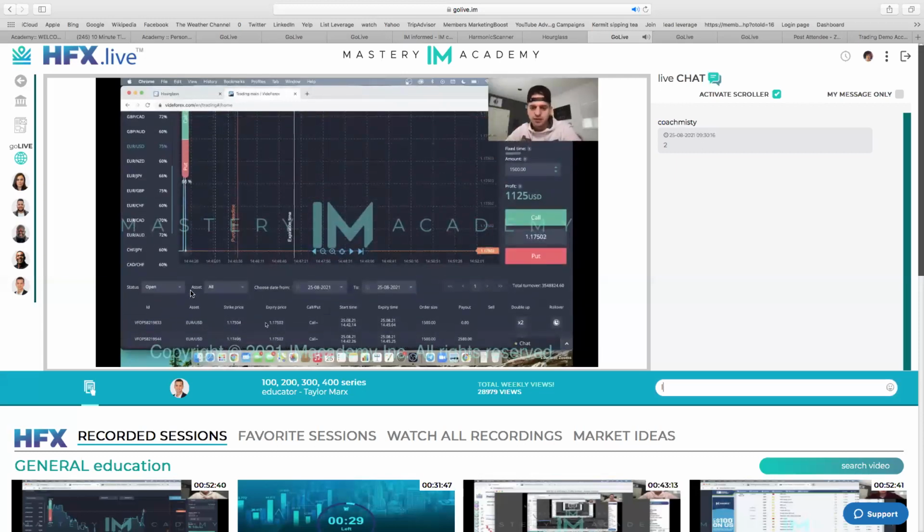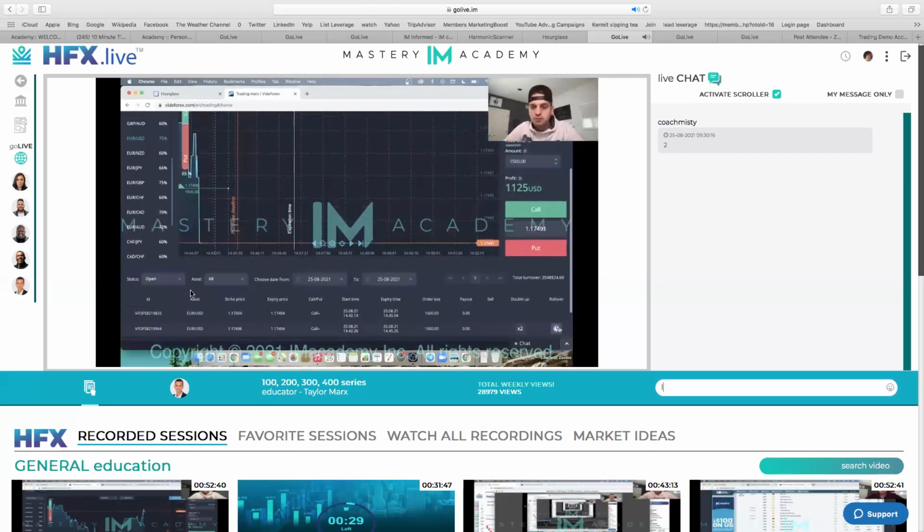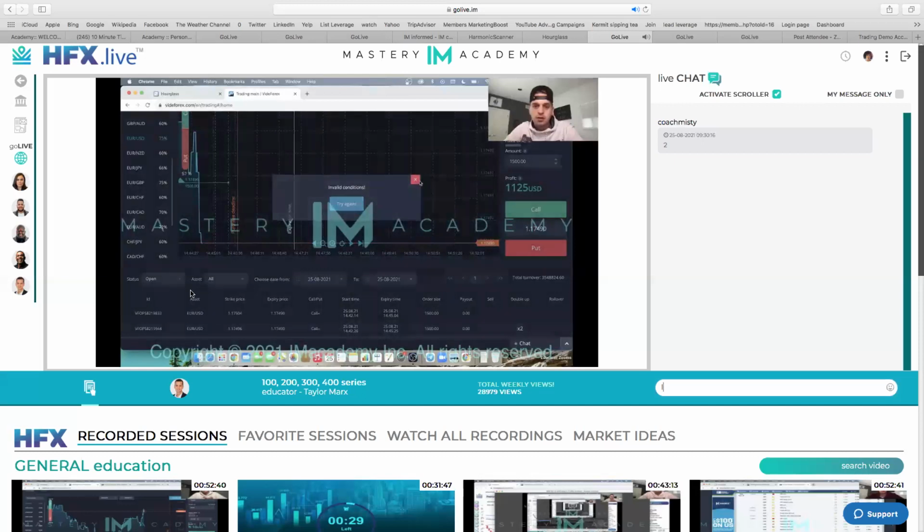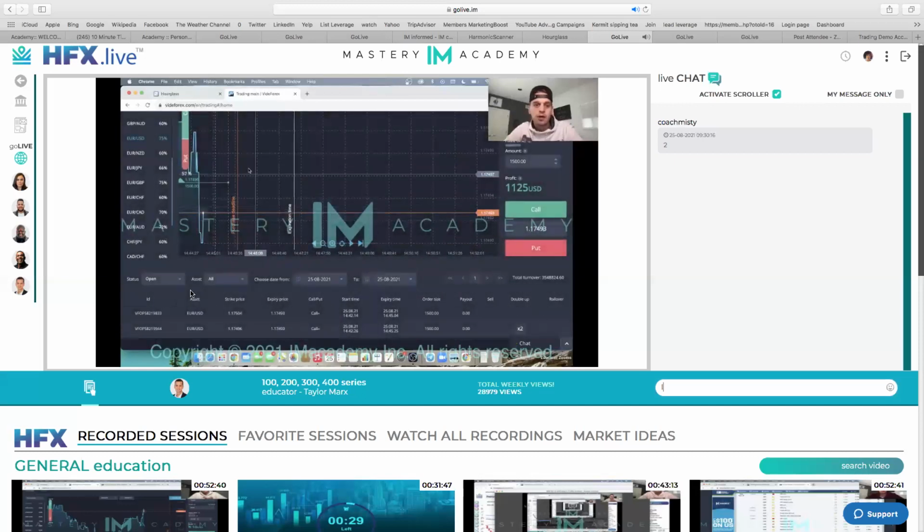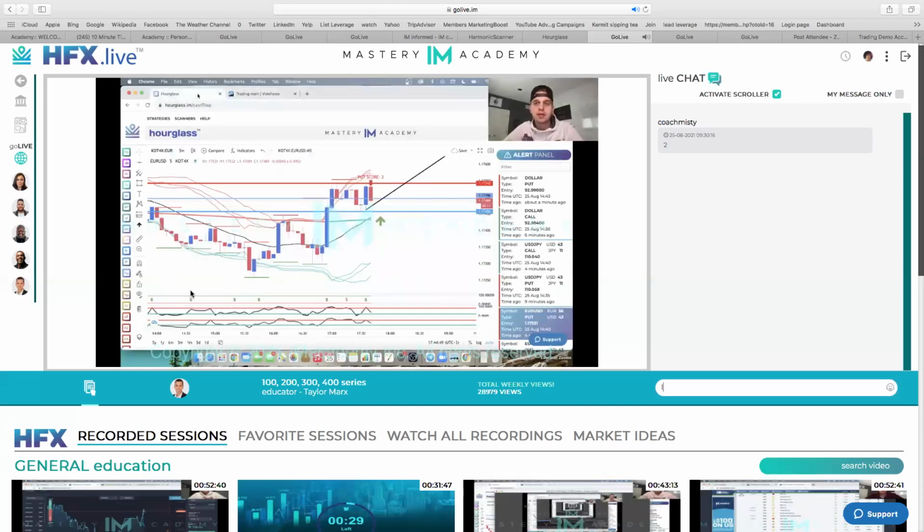Here's my 496 entry, you guys. When I went to enter, I accidentally typed on my keypad because I have one of those mouse touch pads, and so I entered at 504 and was like, oh crap. But you guys, 504 was not the entry I called out. 496 or below, which price is below right now. Oh, come on, let me roll it. Why is my broker being like this right now?